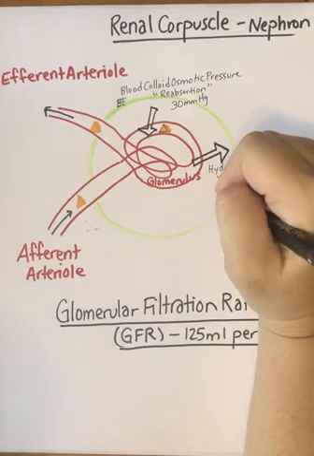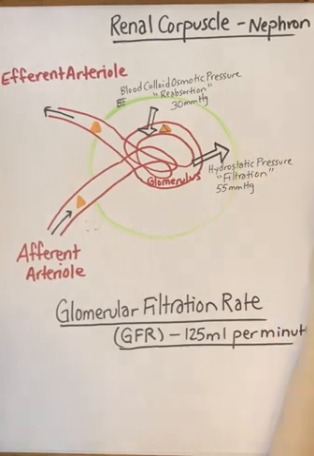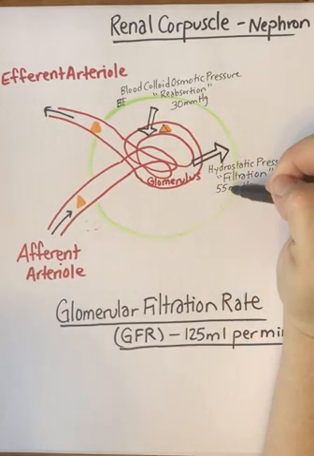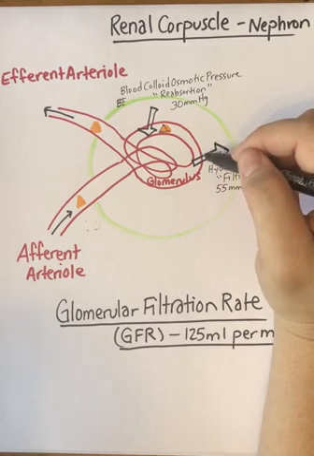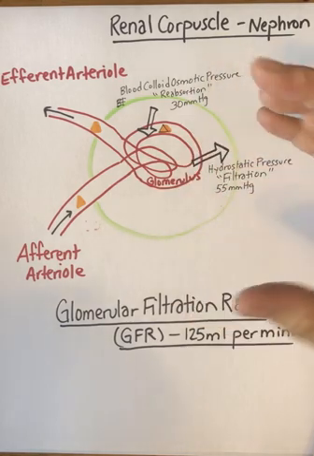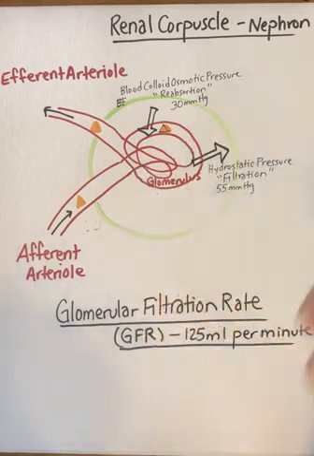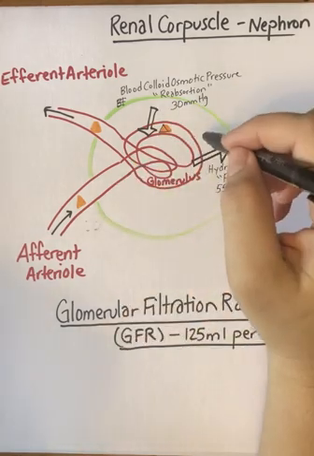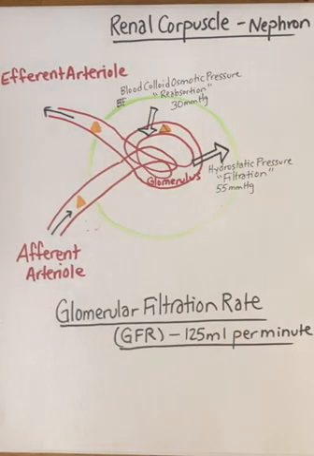So we produce 55 millimeters of mercury of pressure, which is forcing water out. So ultimately, you're going to have more being forced out than pulled back in, which is going to end up being your filtrate or your urine.